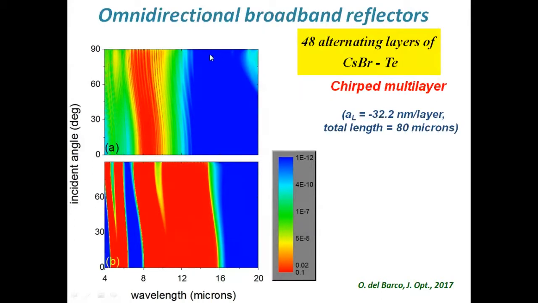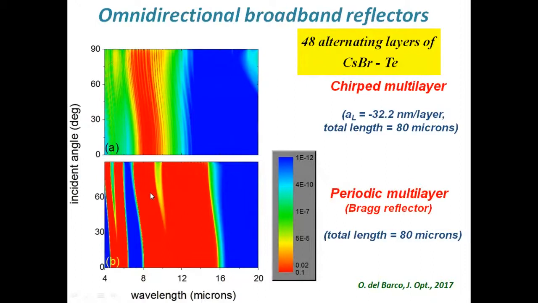We see this is the transmittance, so one minus this is the reflectance. We can see that this region will have a very low transmittance, in other words, a very high reflectance. In the bottom panel, we have the periodic multilayer, the Bragg reflector, a periodic multilayer where AL is 0.